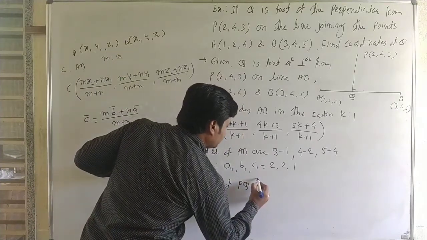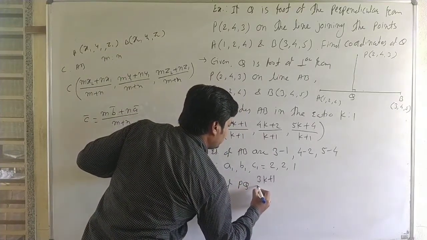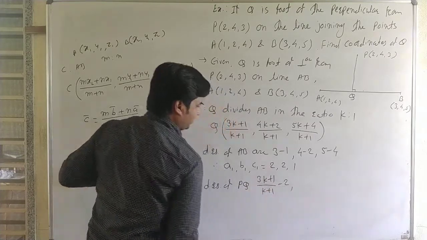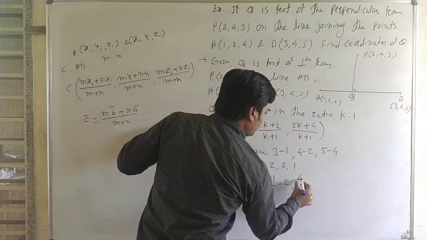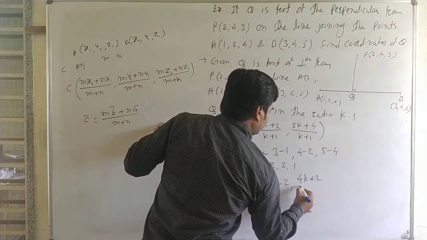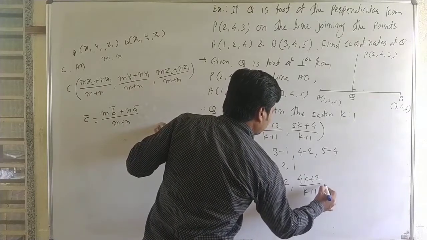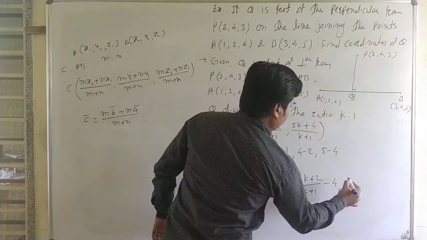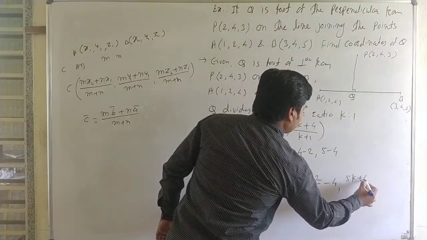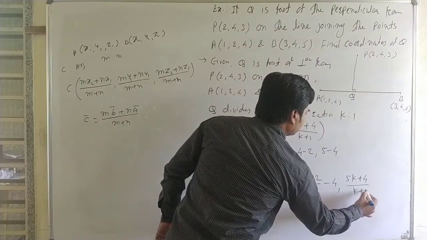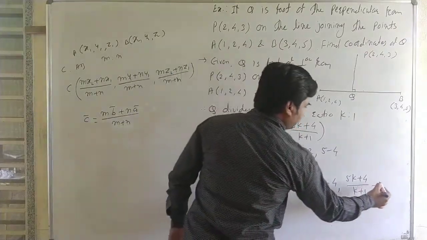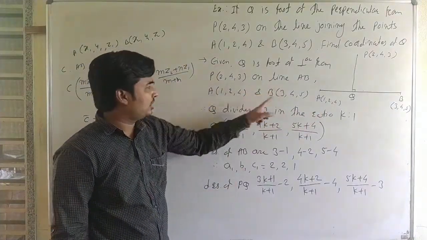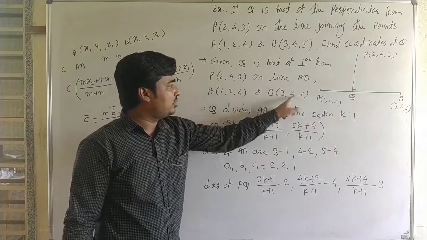Therefore (3k plus 1) upon (k plus 1) minus 2 is the first, then (4k plus 2) upon (k plus 1) minus 4, and (5k plus 4) upon (k plus 1) minus 3. When 2 points are given, the direction ratios are x2 minus x1, y2 minus y1, and z2 minus z1.